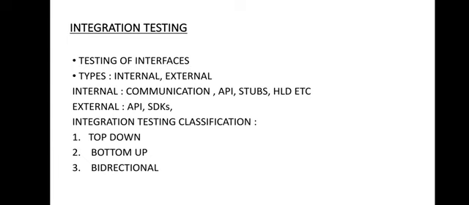The use of software development kits, that means SDKs, requires an understanding of the programming language in which the API or SDK is provided. Scripting languages are also a part where the APIs are written. So when we talk about testing of interfaces, both internal and external interfaces are important. So let us move further.